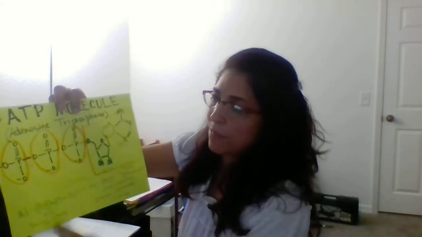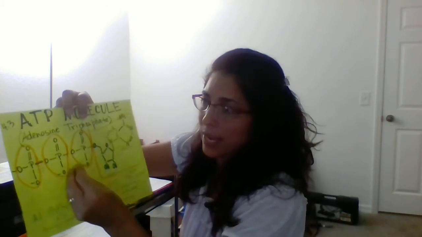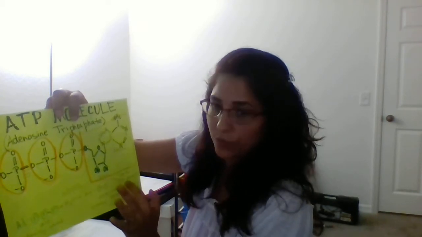So, in order to understand how this ATP molecule functions, we will write here the adenine and the 3 phosphates. Because this has a high energy state and is stored, one phosphate will pop off.